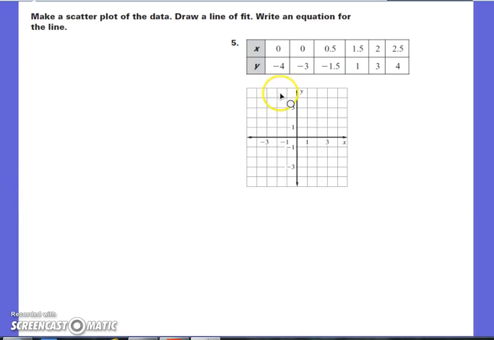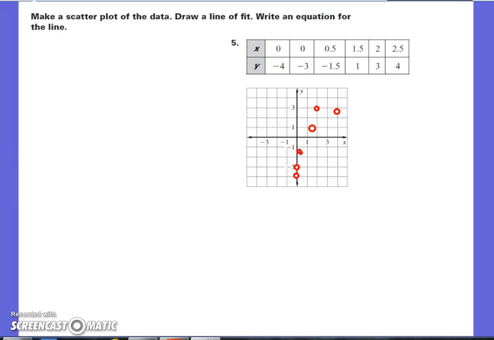We are going to plot these again. So 0, negative 4, make a point, and 0, negative 3 and a half, and negative 1 and a half, straight in the middle of this one. Not perfect, there it is. And then 1 and a half, and 1 up, and 2 and 3, and 4, and 1, 2 and a half.